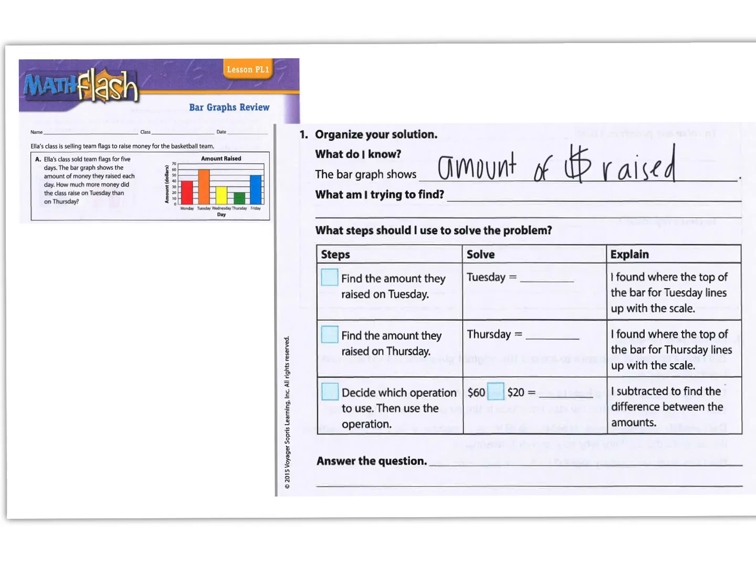Okay, and then what are you trying to find? Well, it says, how much more money did the class raise on Tuesday than on Thursday?